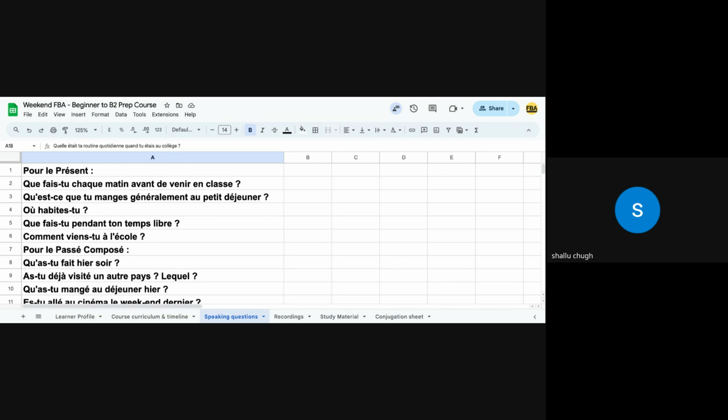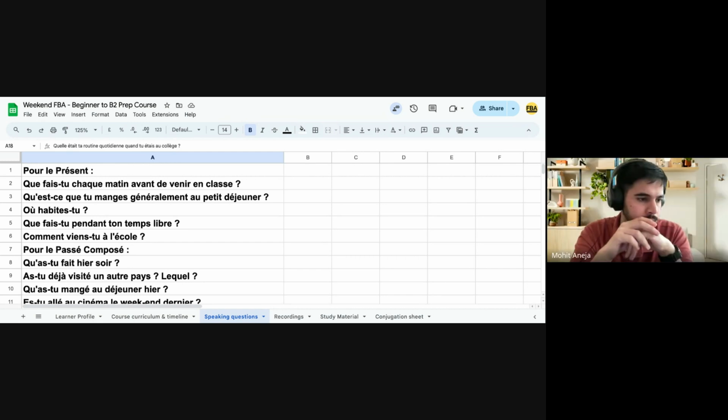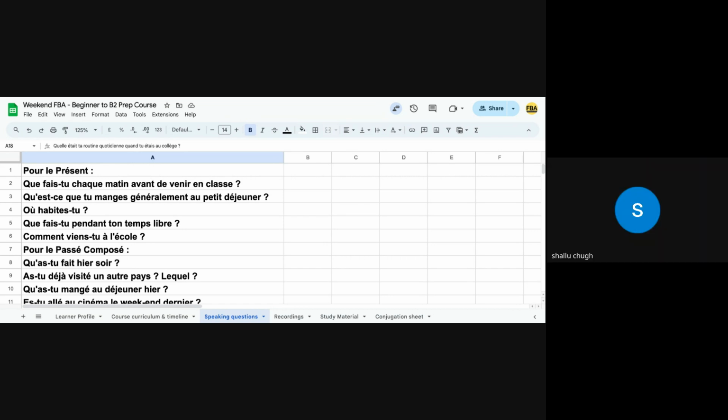Okay, répétez votre question, s'il vous plaît. Expliquez où vous portez ces chaussures, où tu portes ces chaussures.